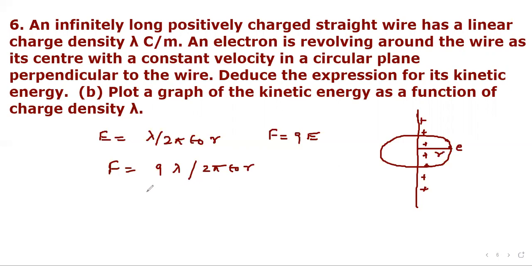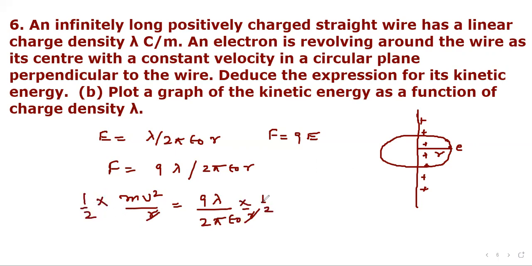So we can say that mv square upon r equals q lambda divided by 2 pi epsilon naught r, from where r will cancel out. If we make it kinetic energy, we can multiply by 1 by 2 on both sides, so KE will be equal to q lambda divided by 4 pi epsilon naught.